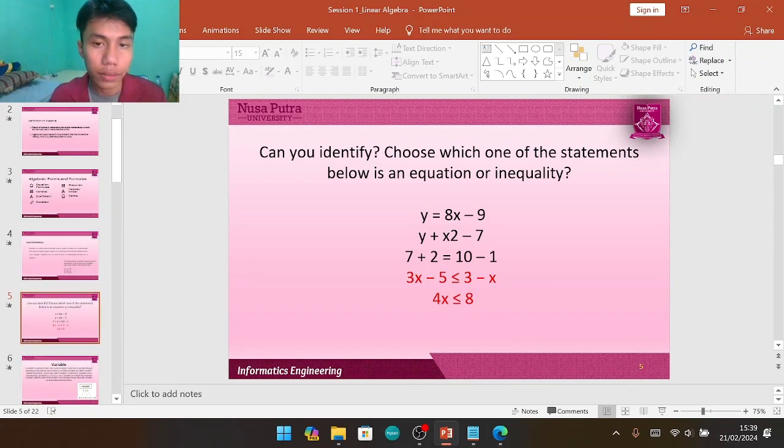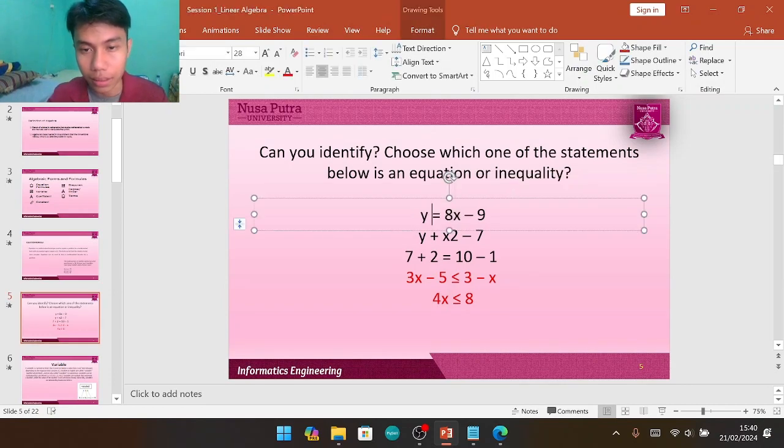Here, can you identify and choose which one of the statements below is an equation or an inequality? So the question is here.